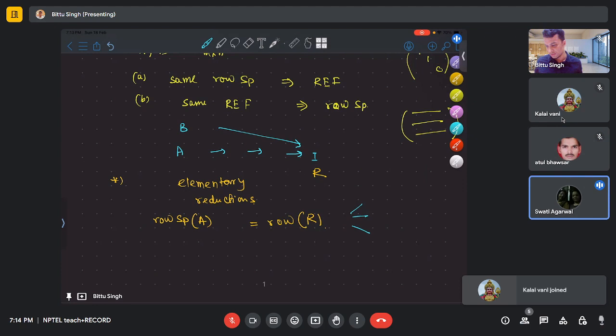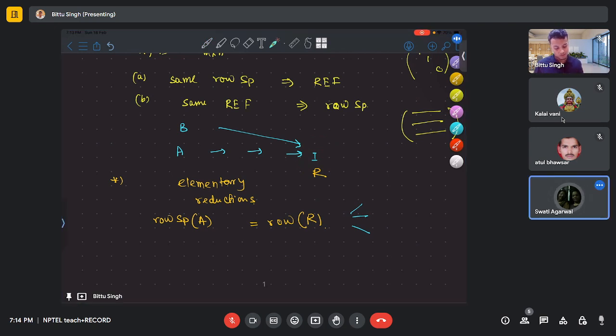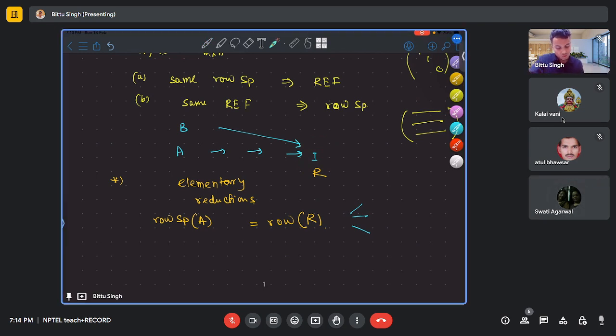Since they are saying A and B have the same RREF, that doesn't mean the same elementary operations were performed on both, which will lead to the same row space. It is not saying that. It is saying that they have the same RREF. So suppose B and A both lead to identity after row reduction, then they are saying the row space of B is the same as the row space of A.